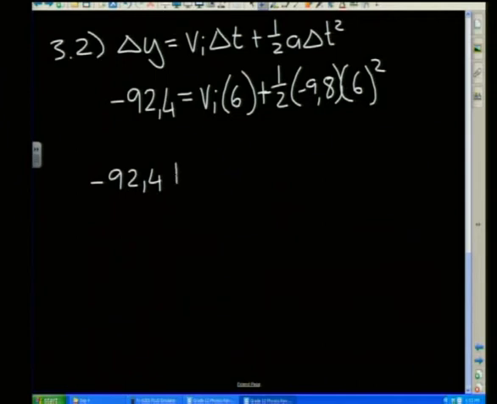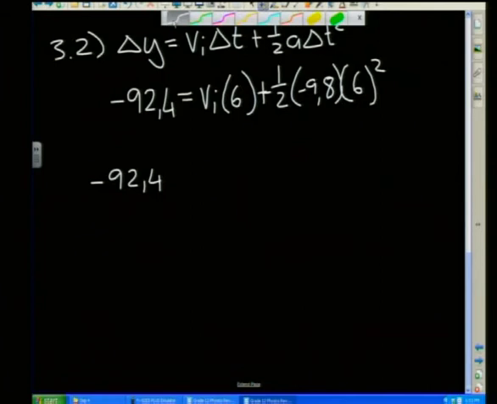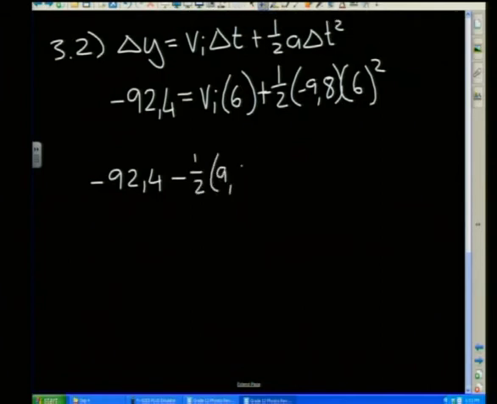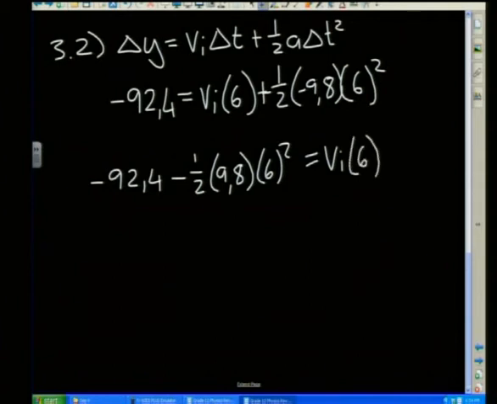So I'm going to have negative a half of 9.8, squared, is equal to VI multiplied by 6. This is getting a little bit messy, and we're going to tidy it up using a calculator in a moment. That's starting to hurt my head a little bit, and we've got a negative out. Let's just double check that you don't drop any signs.